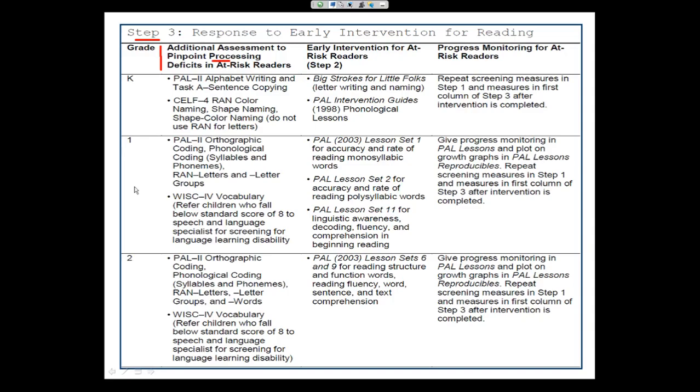So you'll notice for grade 1, we ask you to administer from PAL 2 several different subtests: orthographic coding, phonological coding, as well as rapid automatic naming of letters and letter groups. Why? Because we know that to name the words, especially the pseudo words, what you need to do is encode the orthographic, the visual representation of the word, and to associate each letter with a sound.